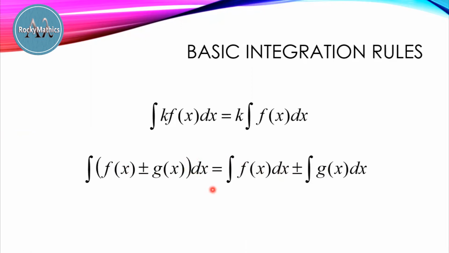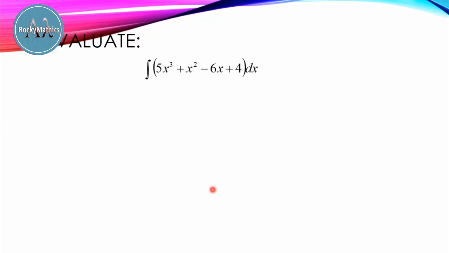To apply these rules, we have this example. How about this expression? We are asked to find the antiderivative or the integral of 5x cubed plus x squared minus 6x plus 4.